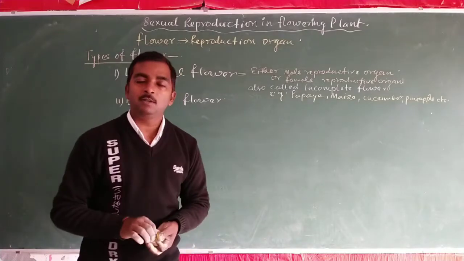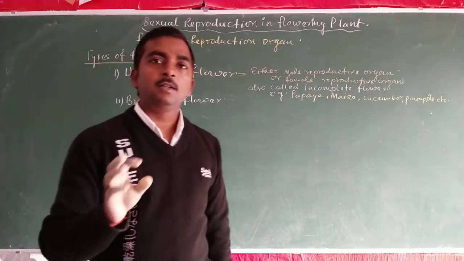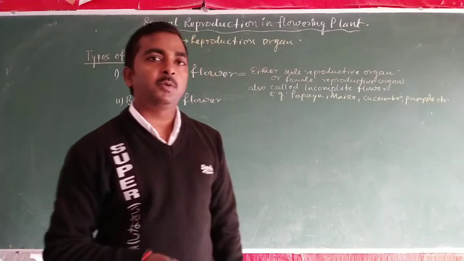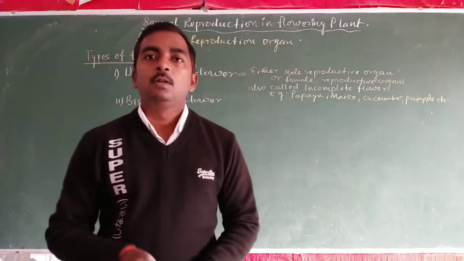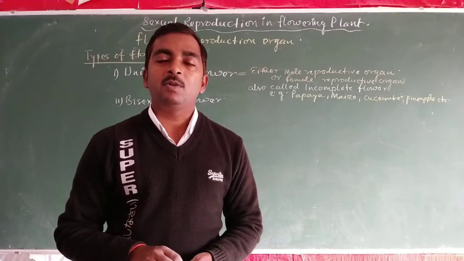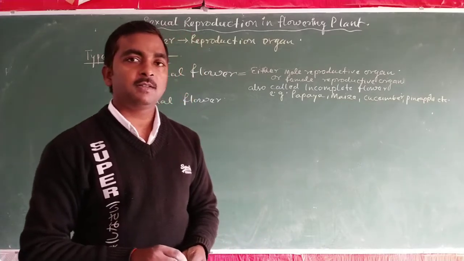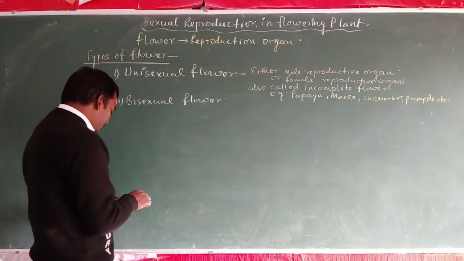It means their flower consists of either male reproductive organ or female reproductive organ, along with the two accessory parts, that is sepals and petals. We will discuss this later in the structure of flower.